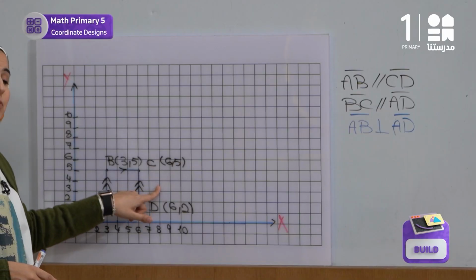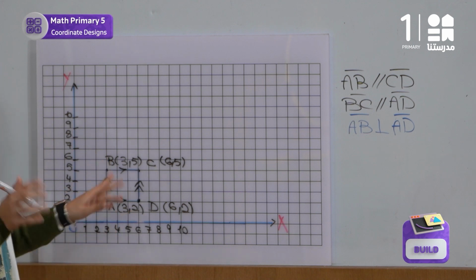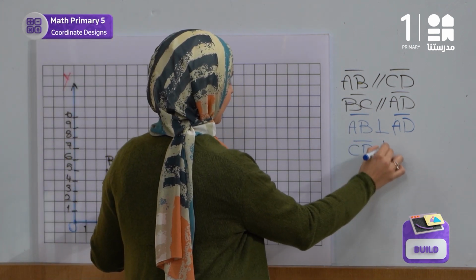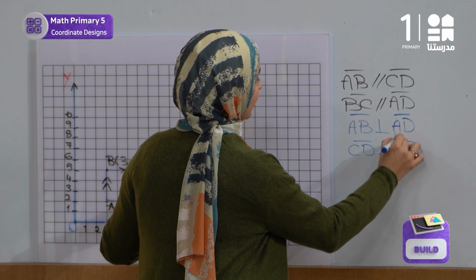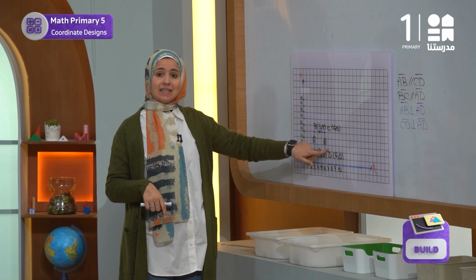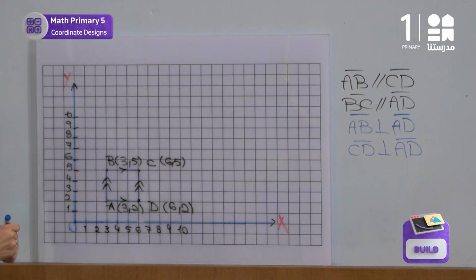CD is perpendicular to what? To AD. Let's write it together. So CD is perpendicular to AD. Now what else? Let's check. CD is also perpendicular to BC. Let's write it together.